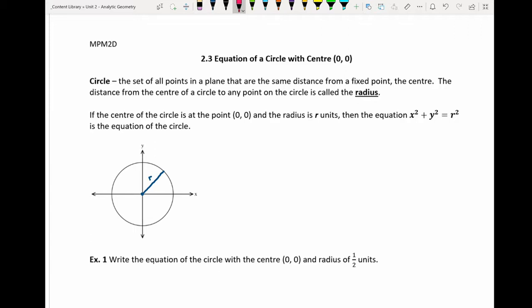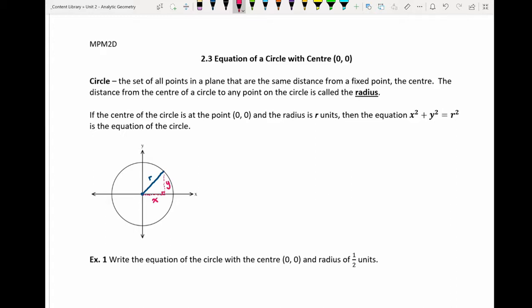The reason for that is because if I have my radius here, and I were to make it into a triangle where the endpoint was y units high and x units long, or left to right, the equation would be x squared plus y squared equals r squared.